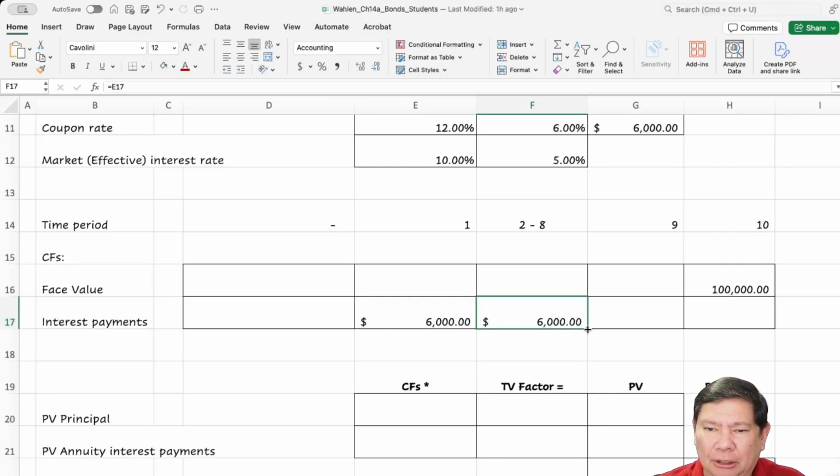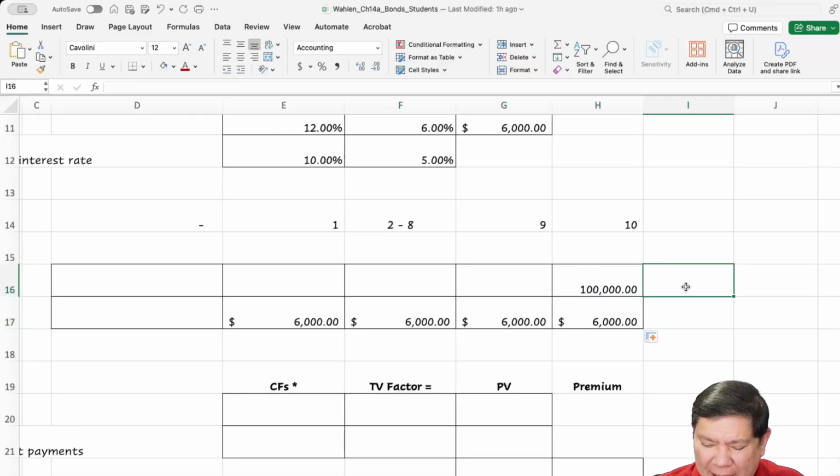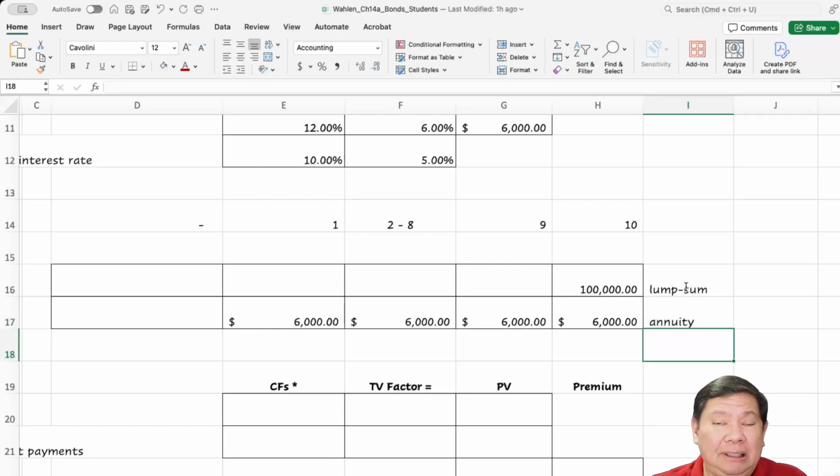So again, we have two different types of cash flows. The first one is the lump sum amount, and the second one is the annuity for $6,000 interest.